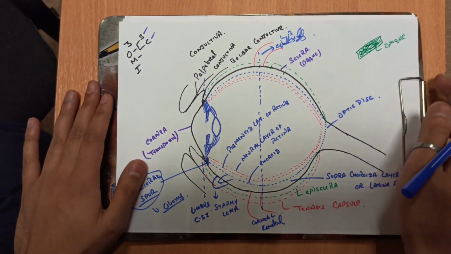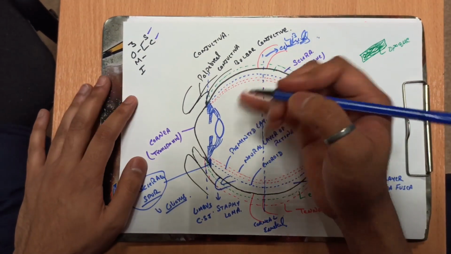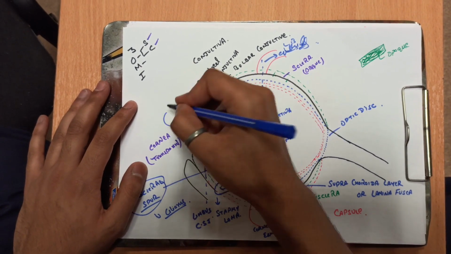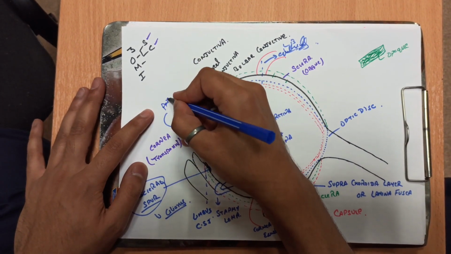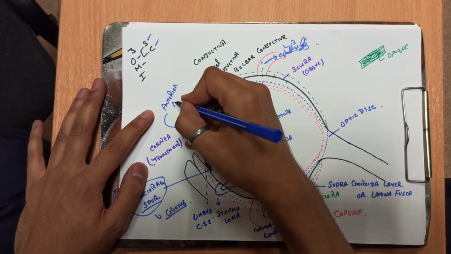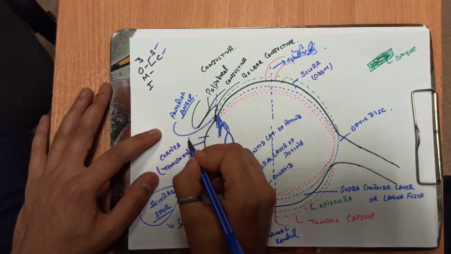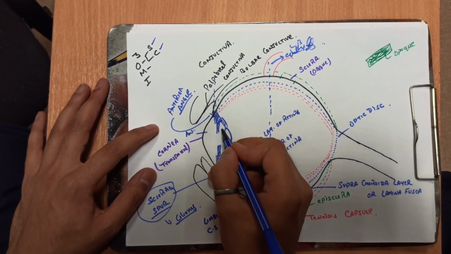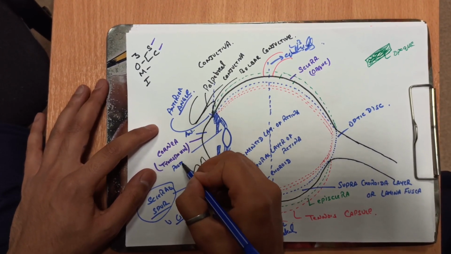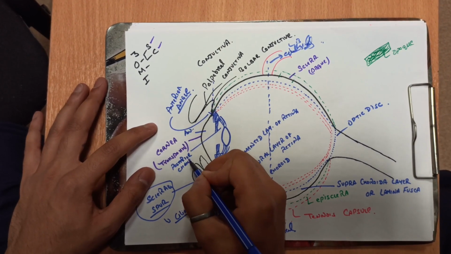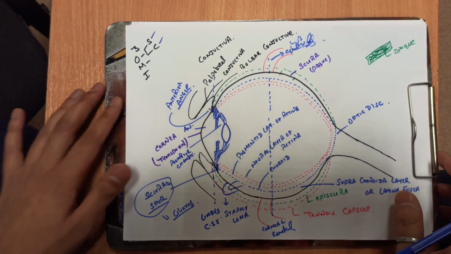Now another important thing in sclera is at this junction, this is known as the anterior angle. This was the anterior chamber as I already told you, and this is the posterior chamber.